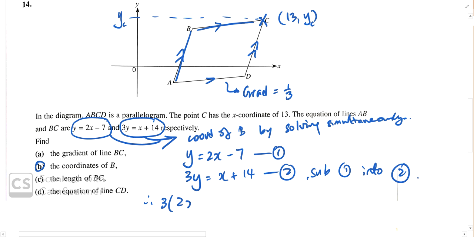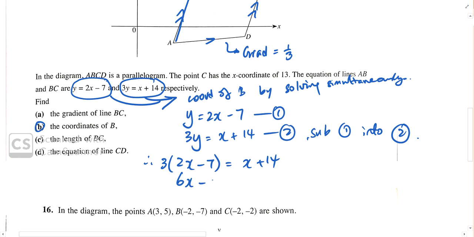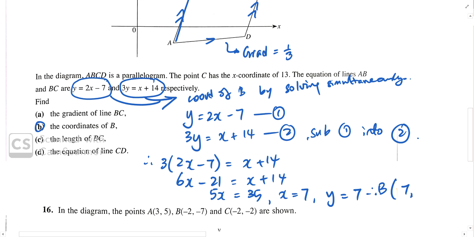So 3 times (2x minus 7) equals x plus 14. 6x minus 21 equals x plus 14, 5x equals 35, x equals 7. Sub this back into equation number 1, y equals 14 minus 7, we get 7 again. So for B, (7, 7).